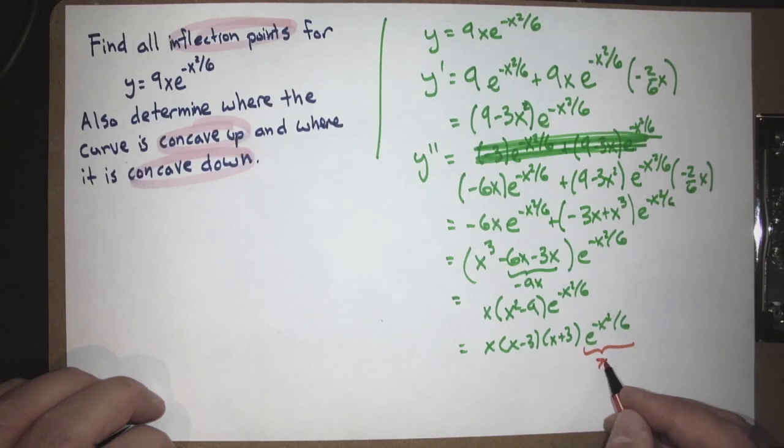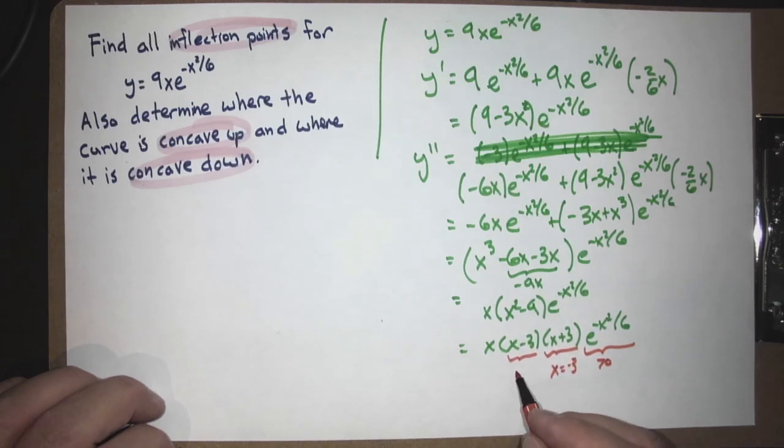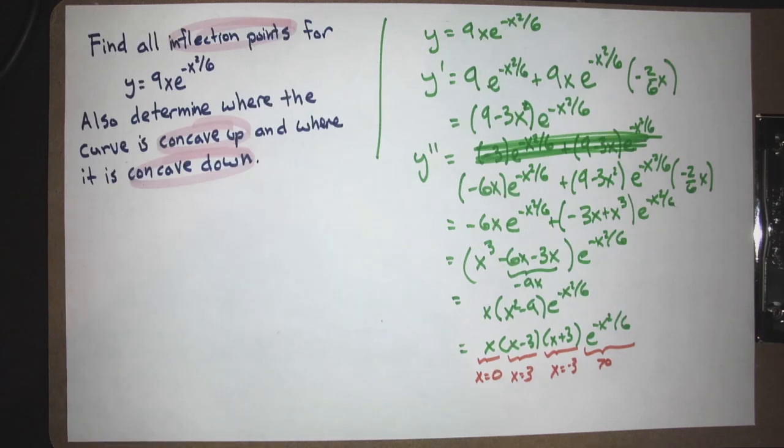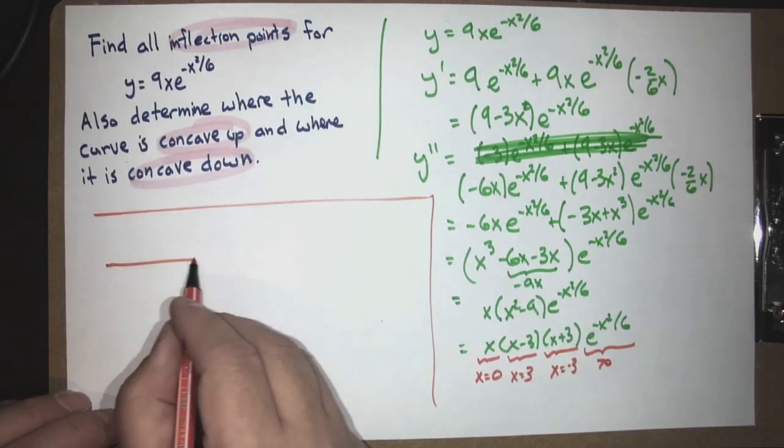No, it's a positive function. Great. Can x plus 3 be 0? Yeah, at negative 3. Can x minus 3 be 0? Yeah, at x equals 3. How about x? Oh yeah, you betcha, at x equals 0. Okay, so there are 3 possible interesting places.